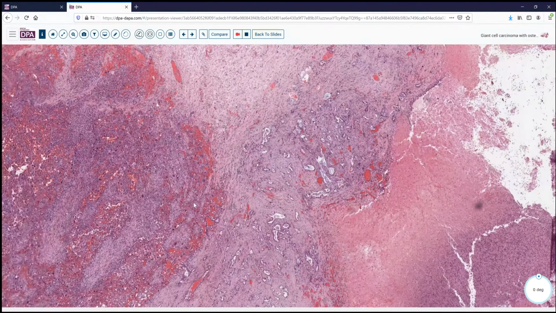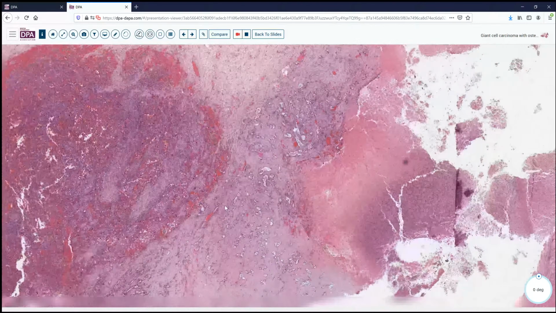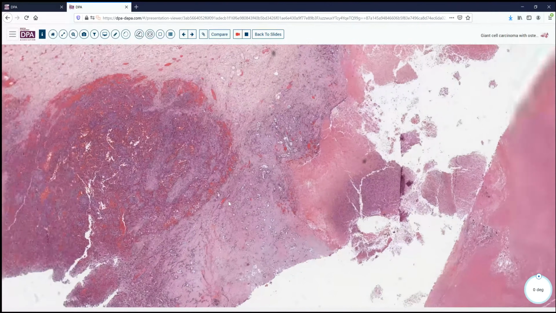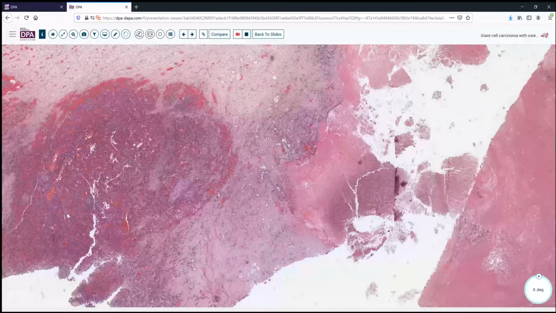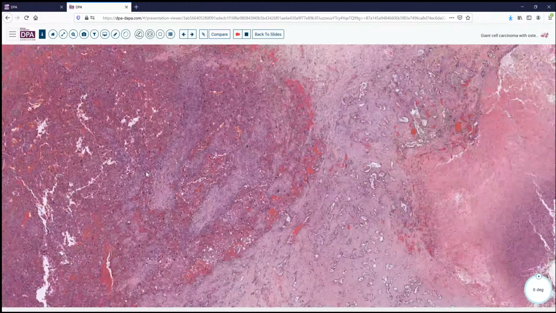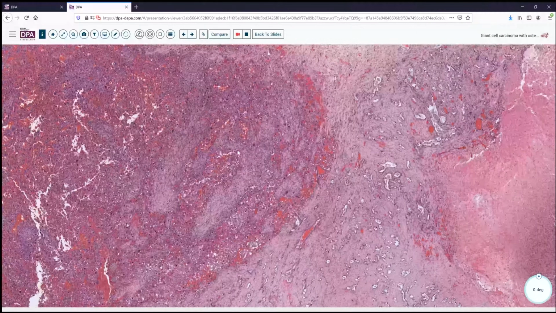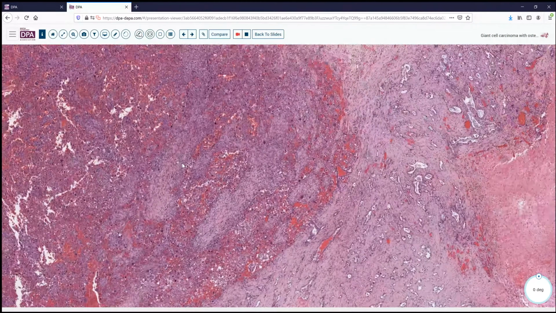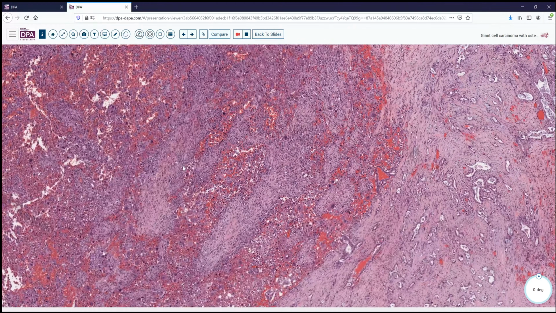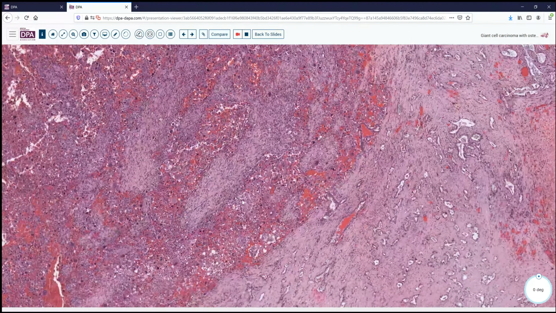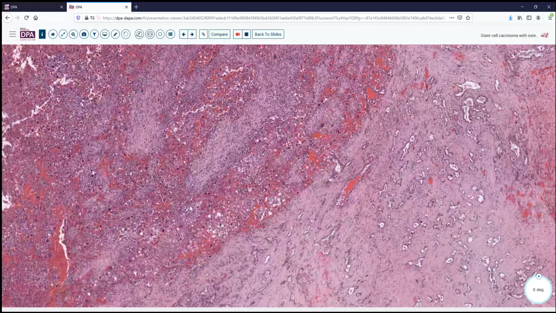However, adjacent to this and nicely transitioning from areas of this is this very hemorrhagic area, which is notable for quite a readily identifiable degree of pleomorphism and anaplasia with abundant giant cells.